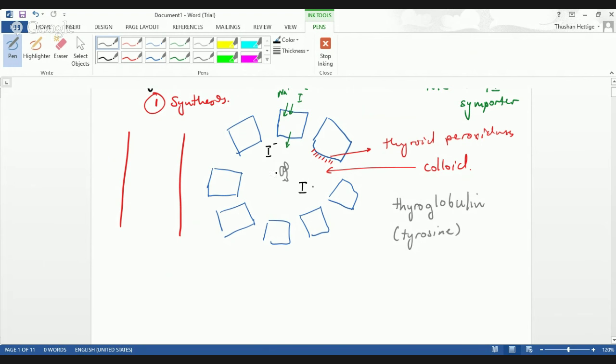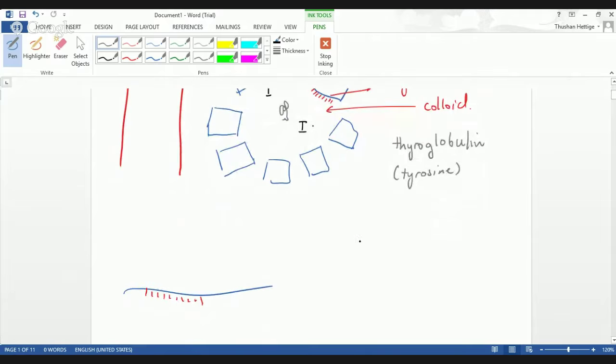The iodine will react with the tyrosine residues in the thyroglobulin. So imagine if this is your thyroglobulin and you have tyrosine residues maybe here and here and here. And to this tyrosine, iodine binds to it.